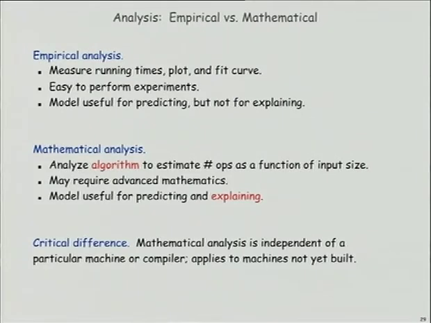The good thing is once you have had the mathematical analysis, you can use it for prediction and explaining. And the other important thing to realize is that mathematical analysis is independent of a particular machine or compiler. It will even work for computers that were not built before. In a sense, it gives you an abstract answer that you can use over all machines, even those that do not exist. I've mentioned that in the previous slide.